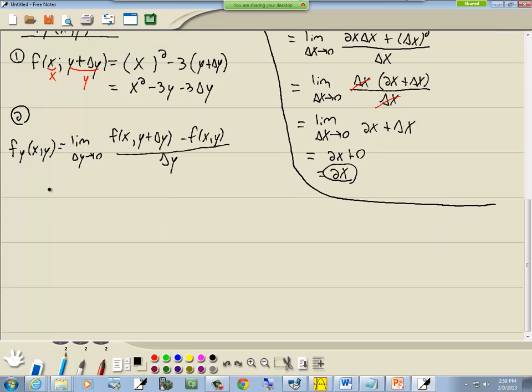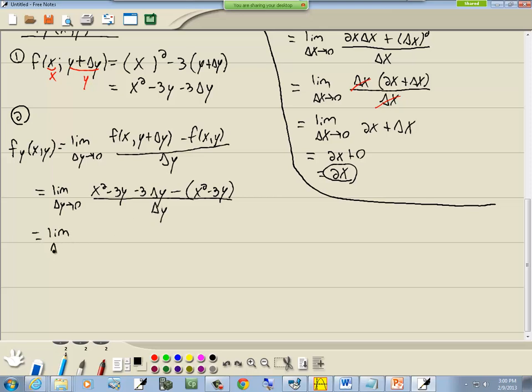So we plug in what I found. So we've got the limit as delta y goes to 0. And up here in our first step we found this was x squared minus 3y minus 3 delta y, minus f of x, y. f of x, y was x squared minus 3y. And you always want to make sure you put that inside of parentheses, because the minus has to flip the sign of everything that follows it, over delta y.